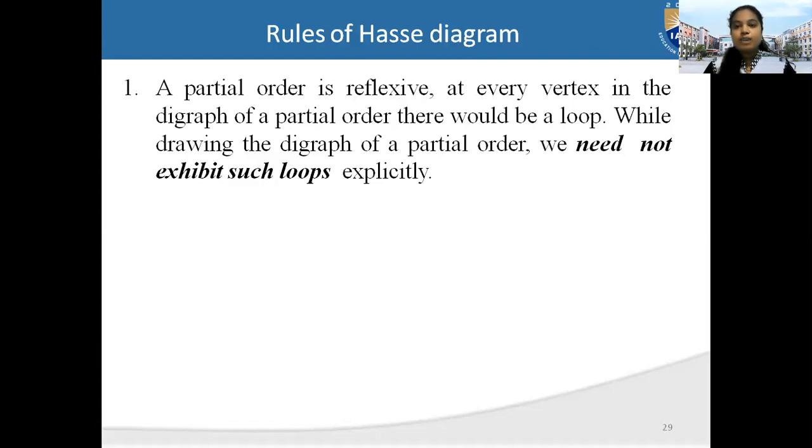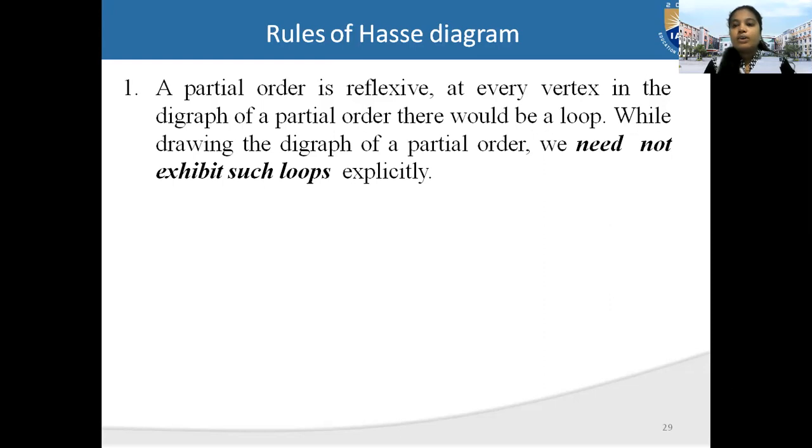What is the first rule of the Hasse diagram here? You are taking the partial order as reflexive. At every vertex in the diagram of a partial order, there would be a loop. Reflexive means the value of the domain is the same as the value of the range, like 1 comma 1, 2 comma 2.